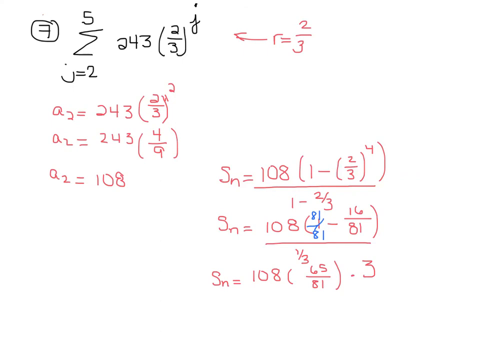And you could use your calculator here once again, but I'm going to say, okay, this 3 and 81 reduce to 1 and then a 27. And I know that 27 goes into 108 4 times. And I am now left with S sub n being 4 times 65, which is 260.